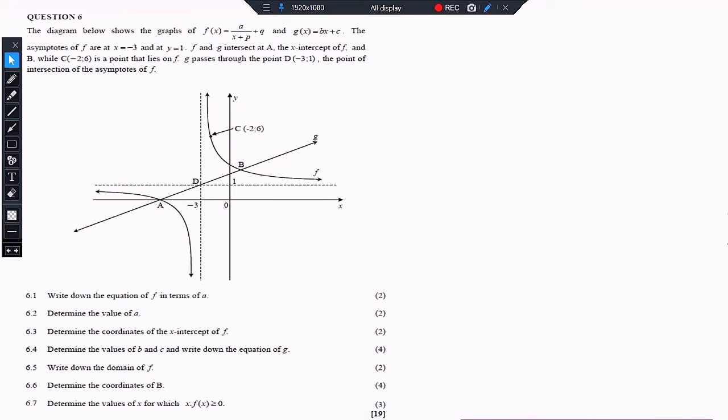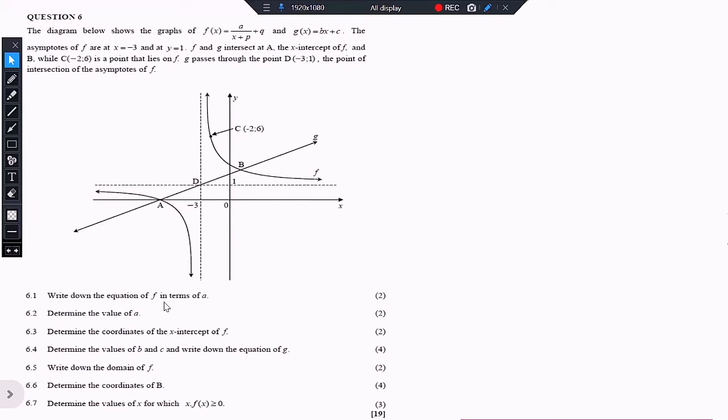The asymptotes of f are at x equals negative 3 and y equals 1. f and g intersect at A. The x-intercept of f and B, with coordinates negative 2, 6, is a point that lies on f. g passes through the point D, which is negative 3, 1, the point of intersection of the asymptotes of f. So D is a point of intersection of the asymptotes, as we can see here. But then B here is a point of intersection of the two graphs, f and g, right?